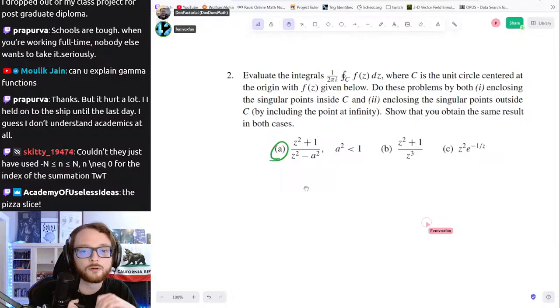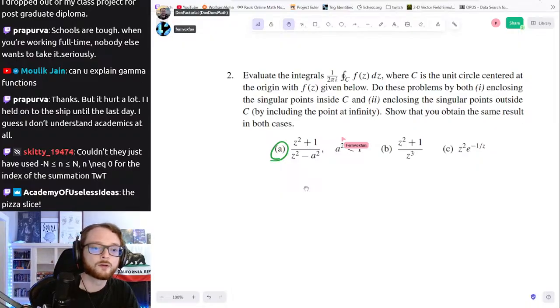C is the unit circle. Do these problems by both enclosing the singular points inside C and enclosing the singular points outside C, including the point at infinity.